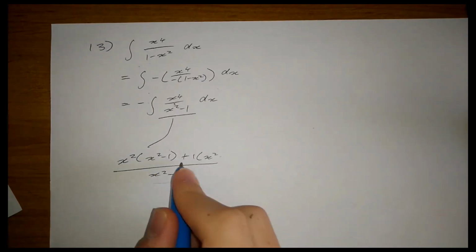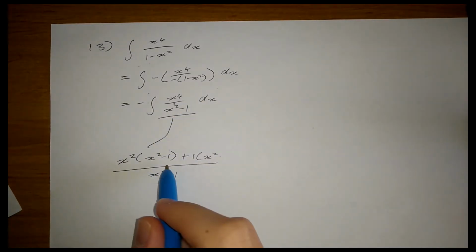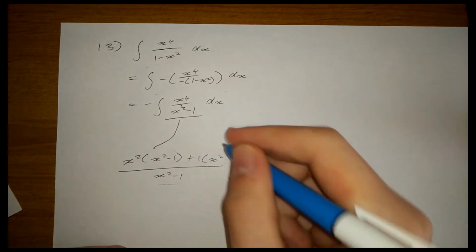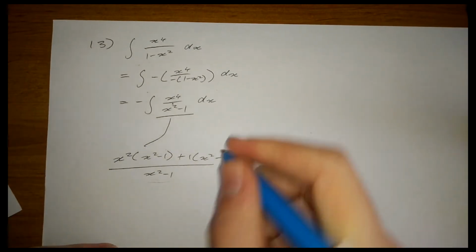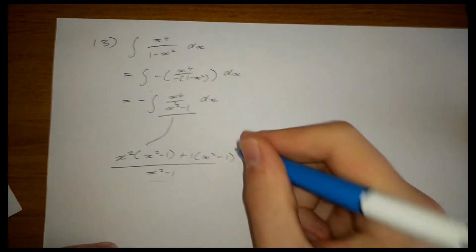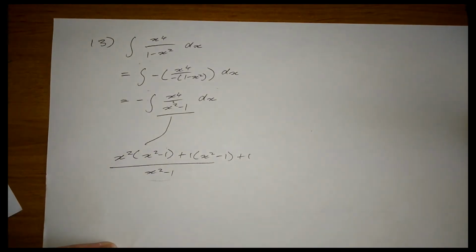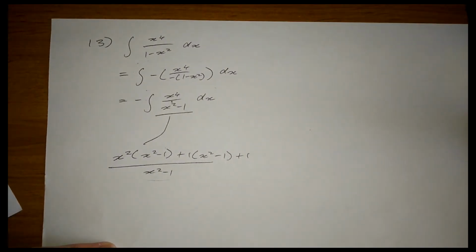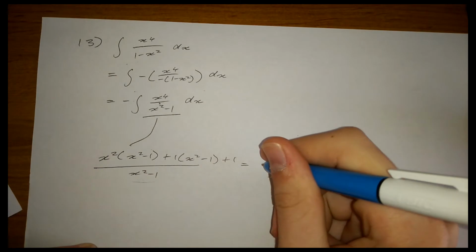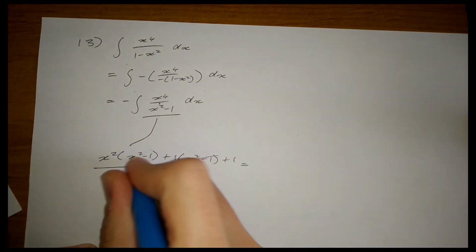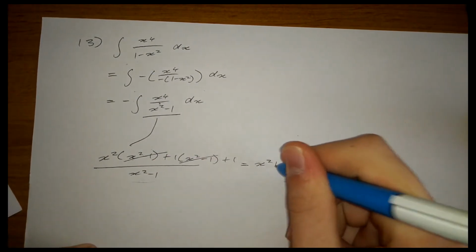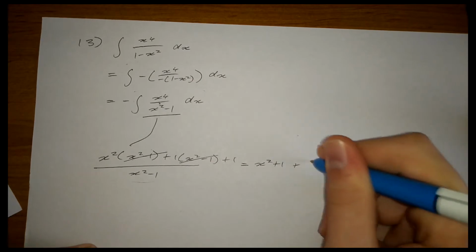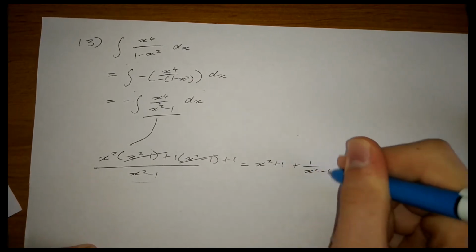Because on the numerator we have minus x squared, we need to bring that back to 0, so we have plus x squared minus 1. Well, now we have minus 1 on top, so we just have a plus 1 there. Okay, so that's fine. So these will cancel off the top, so x squared plus 1 on x squared minus 1.